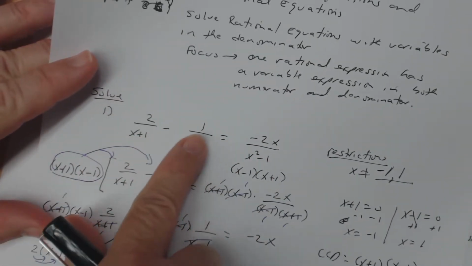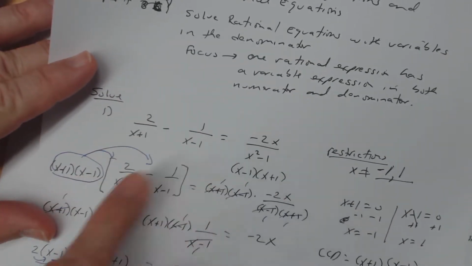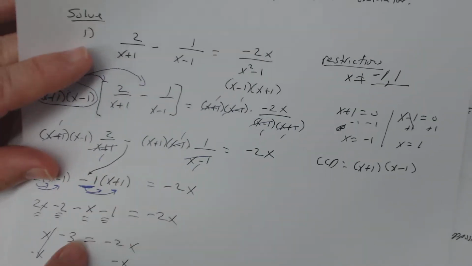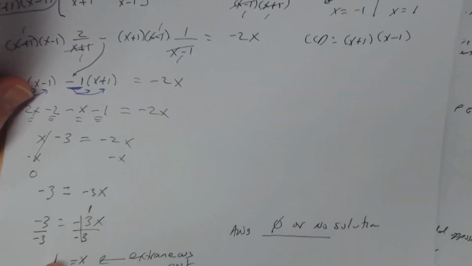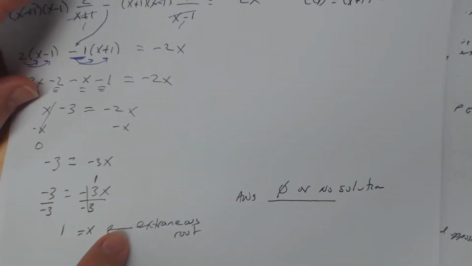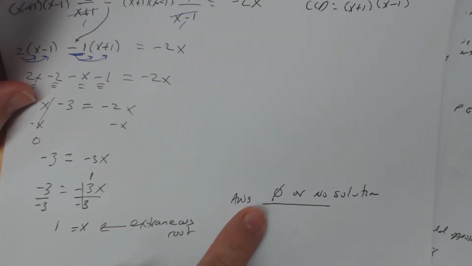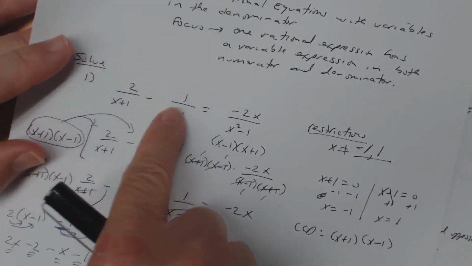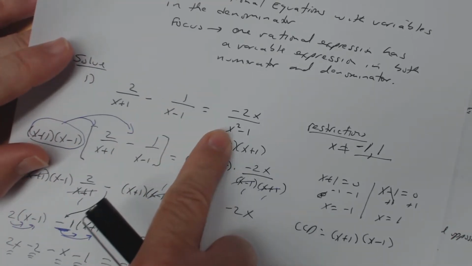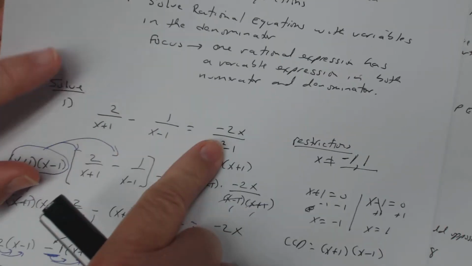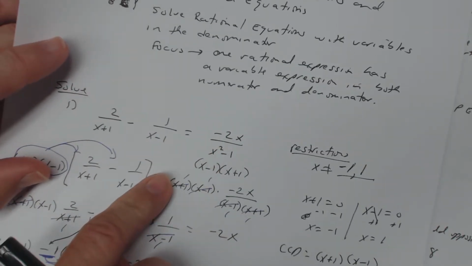So when is this left side equal to the right side? Well, it never is, because when I solved for the variable and got x equals 1, we found that was a false solution, an extraneous root, so we said there was no solution. Therefore, this equation is an inconsistent equation.